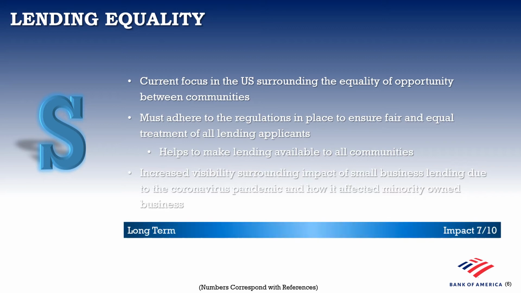This is something that's clearly going to be a long-term impact. Business needs and lending needs are typically long-term relationships, and therefore we see it as a 7 out of 10 as far as how it's going to impact the business over the coming years.